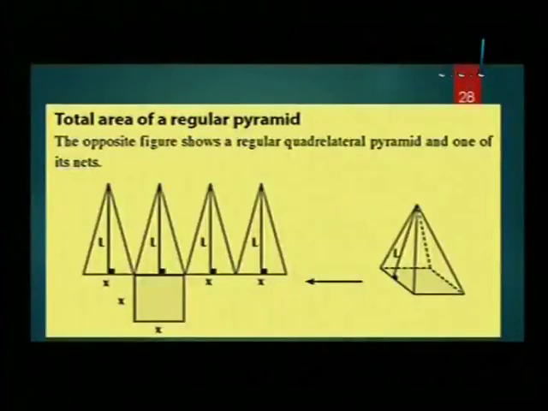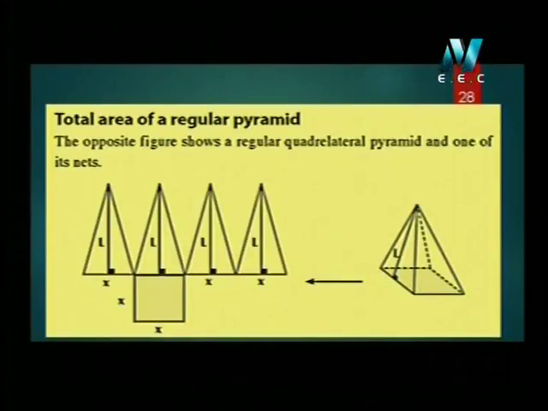The regular pyramid here contains a square as a base and 4 side faces, 4 triangles. Each triangle here has an area equal to half times base times height, and the area of the square will be side times side.